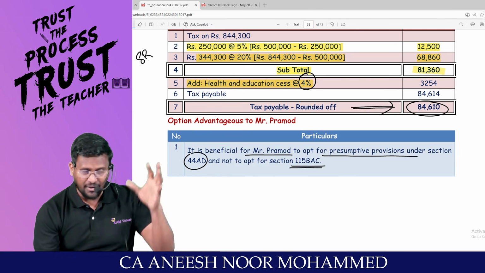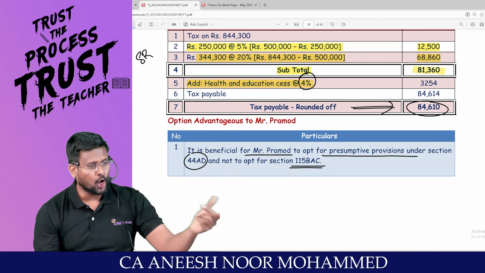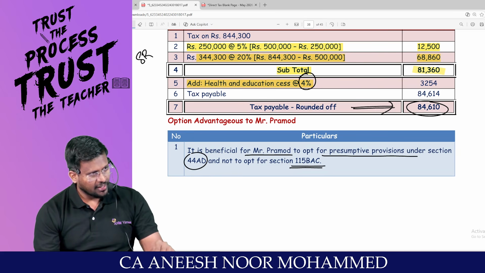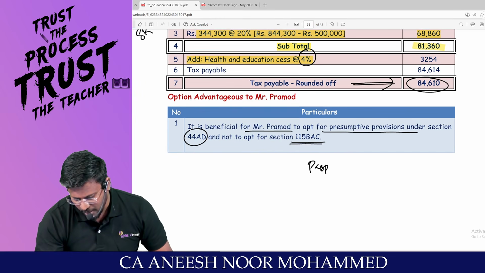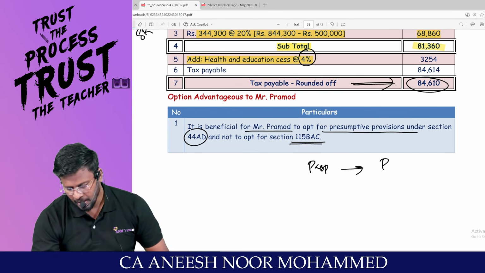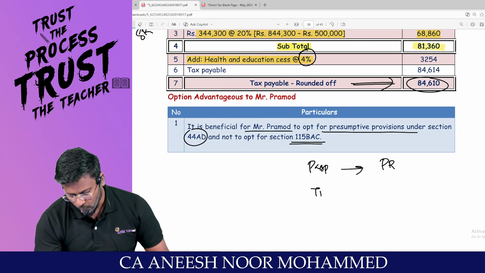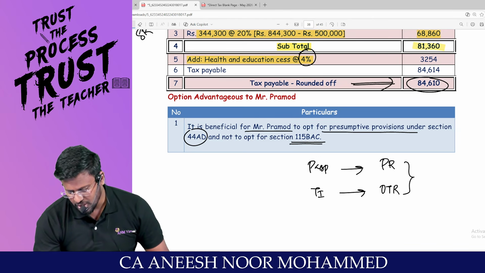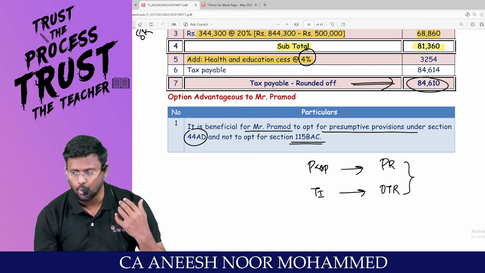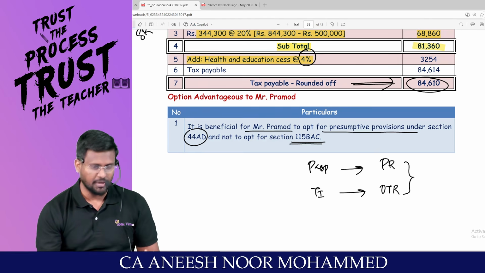Sir, since you are having Chapter 6A deduction, better not to opt for the default tax regime. For PGBP, better to calculate the presumptive route, and for total income calculation, better to travel through the optional tax regime. This is the most beneficial route for the assessee, because the tax payable is nil.